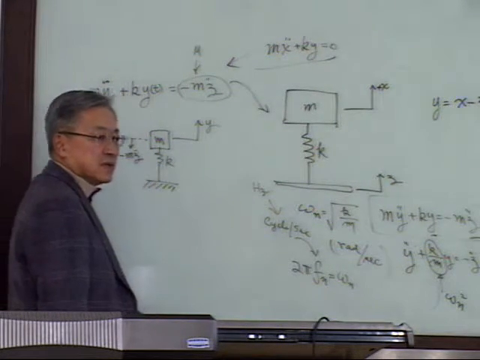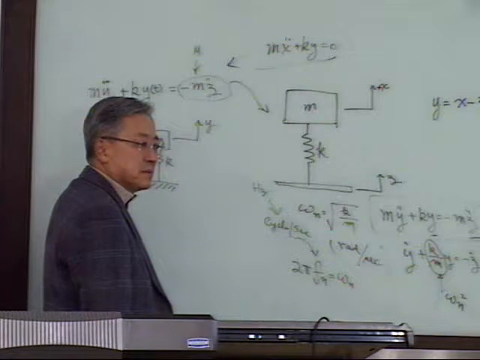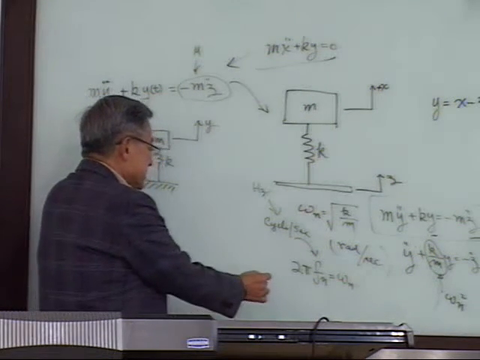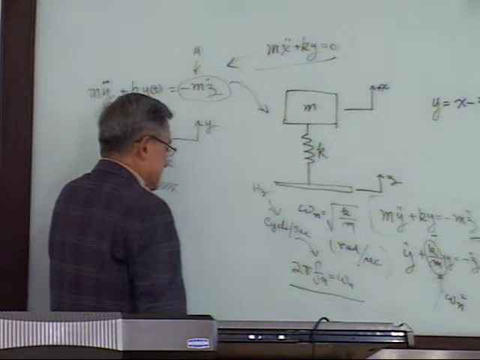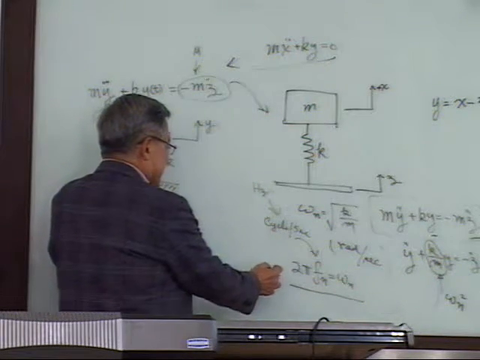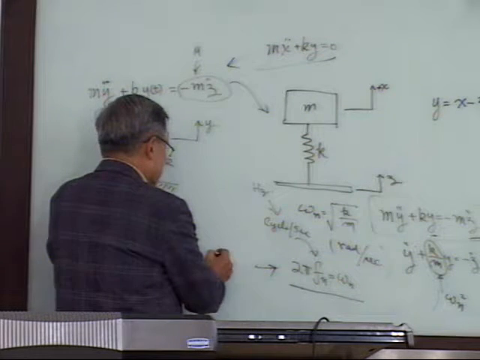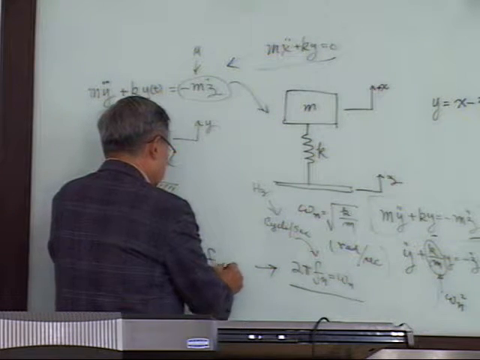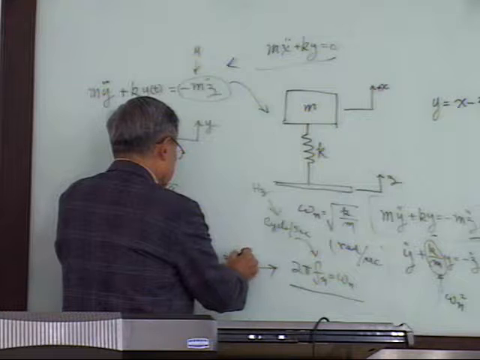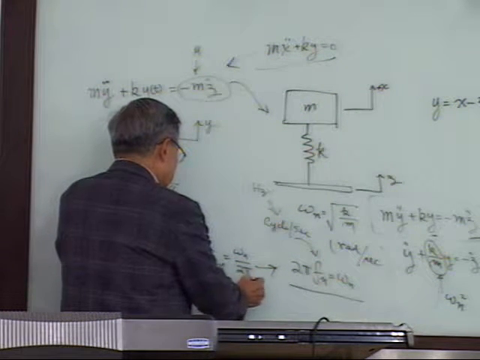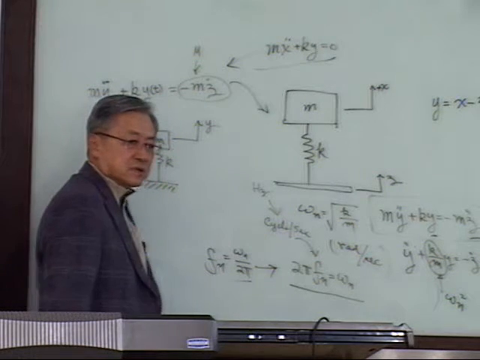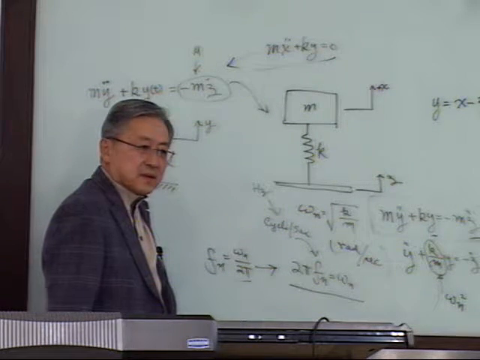Natural frequency is the square root of k over m. And this is very simple. Sometimes you're not going to make a mistake, but this means Fn is equal to omega n divided by 2 pi. Convert into the cycle per second.